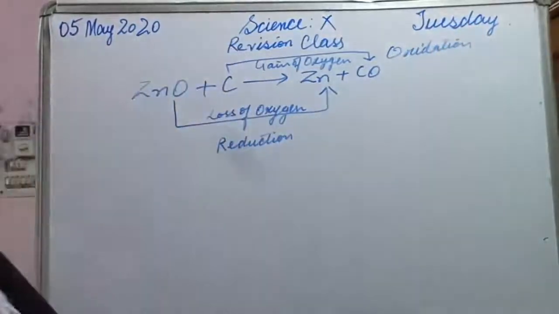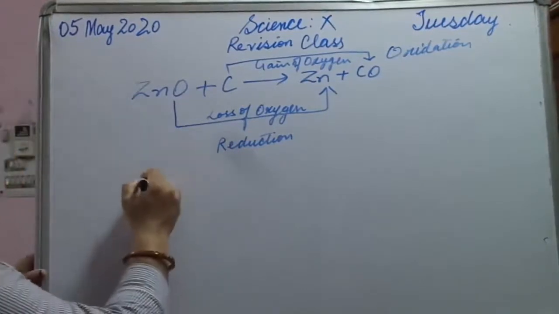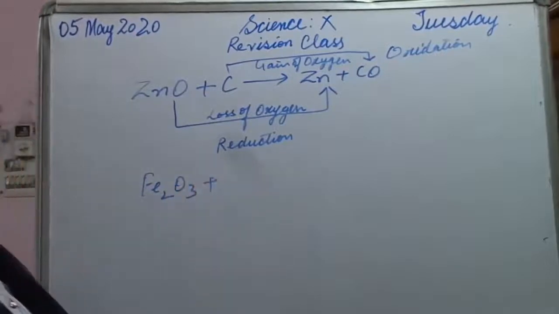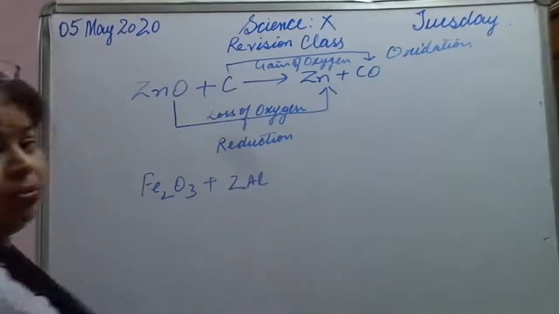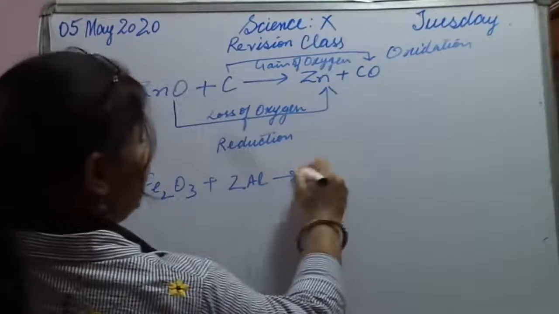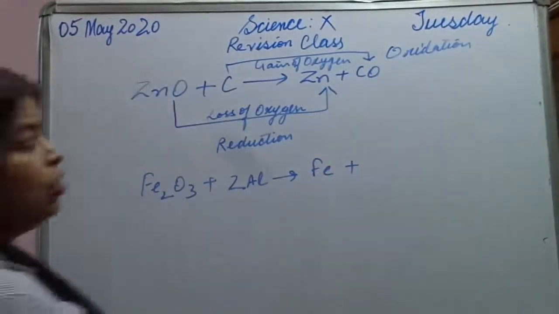Okay, let me take one more, and in that you are going to understand again what is oxidation. Fe2O3, ferric oxide, plus 2 aluminium. When the reaction takes place, Fe is formed plus Al2O3, aluminium oxide.